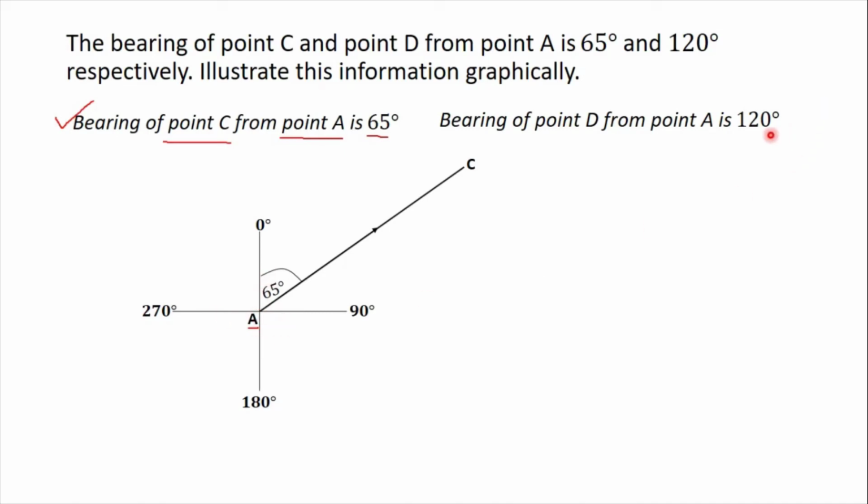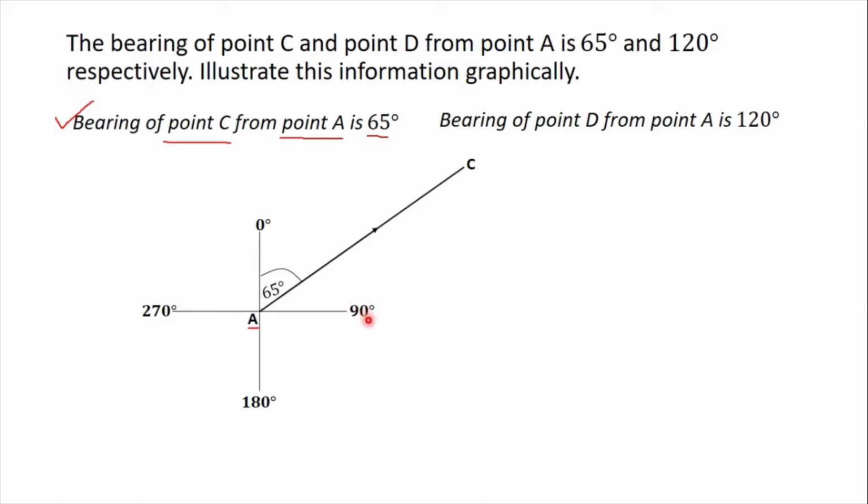Okay, 120 degrees will fall between 90 degrees and 180 degrees, which means that the new line or our new bearing will be in this quadrant between 90 degrees and 180 degrees. So you ask yourself, what should we add to 90 degrees to get 120 degrees?